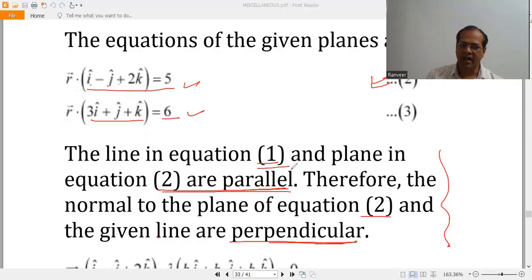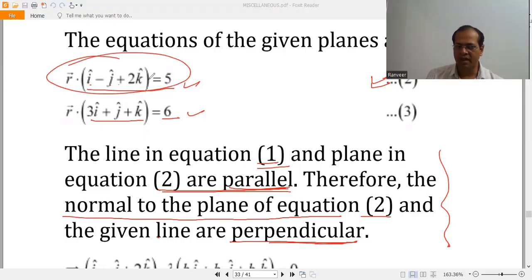Whenever the line and plane are parallel, what is the meaning of that? We can take the normal to the plane of the equation, and the normal to the plane and the given line are perpendicular to each other.